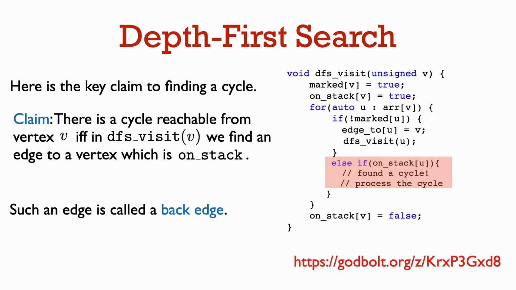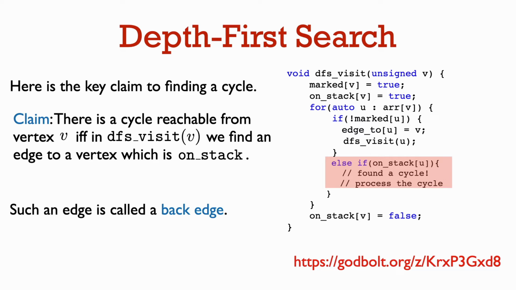We add an additional conditional to check if U, this vertex out adjacent to the V that we're currently processing, is on the stack. And if so, then we have found a cycle. And just note that if the vertex is on the stack, then of course it has already been marked. Okay, so it won't satisfy the condition of the first if statement.